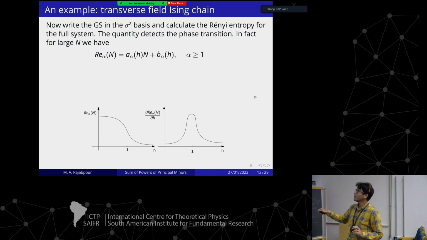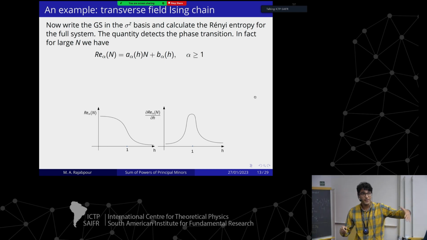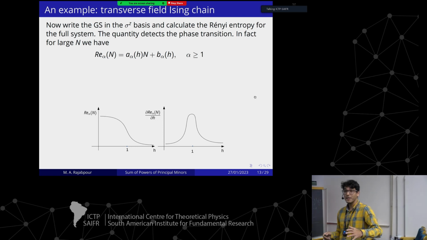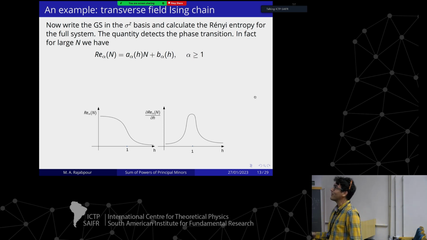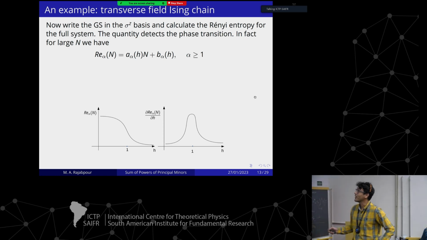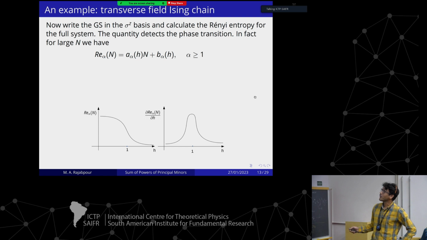So you could say that with this quantity you can detect the phase transition, but maybe it's not a big deal for some people because there are now at least 100 ways of determining the critical point. But I like this one because I can even speak about it to a second-year undergraduate student. So we can see such things for the Ising chain.